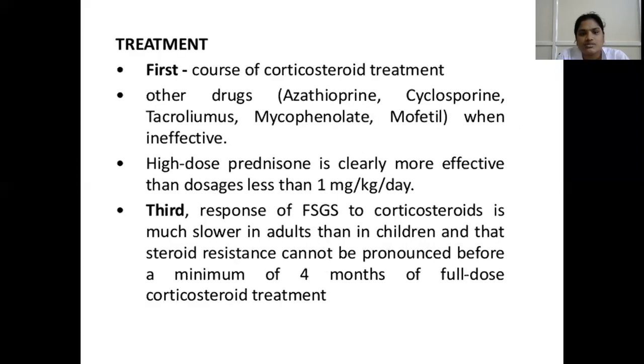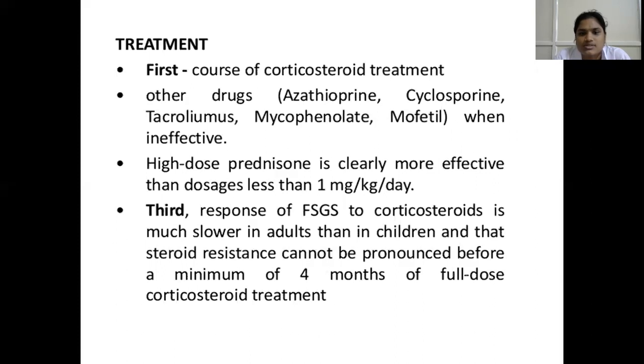Then the treatment. The first line treatment is corticosteroid treatment, and other drugs can be used when corticosteroid treatment is ineffective, like azathioprine, cyclosporin, tacrolimus, mycophenolate. A high dose of prednisone is clearly more effective than a dosage less than 1 mg per kg per day.